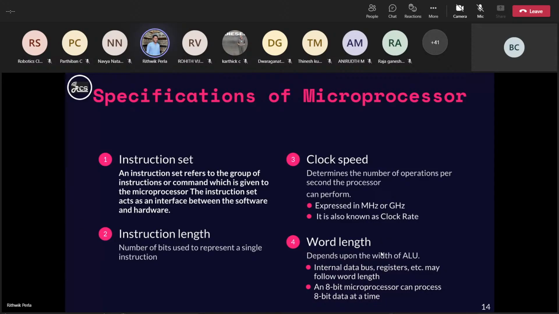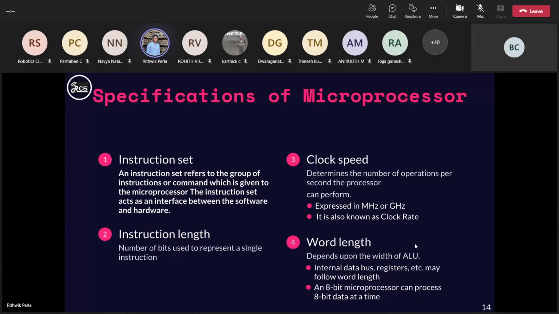Now word length. Word length is nothing but the width of the ALU. ALU is the arithmetic and logical unit, which I'll be explaining in the upcoming slides. For transferring data from memory, the storage space, nothing but ROM, RAM, or the registers present in the microprocessor, to different locations requires a path, nothing but a road, I can say.